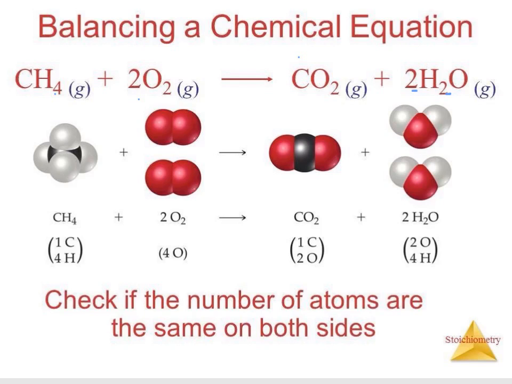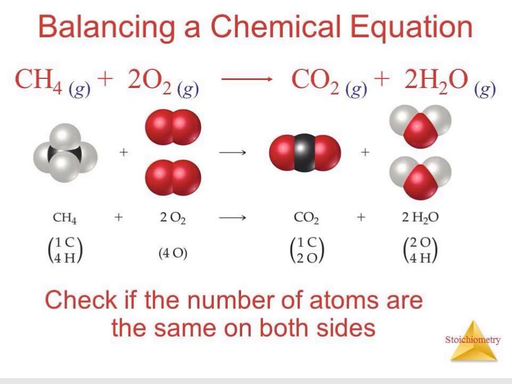On the product side, we have oxygen here, which is 2, and we also have oxygen on this side, also 2. So 2 plus 2 gives you 4, and by adding coefficients earlier, we come up with a balanced chemical equation satisfying the law of conservation of mass in chemical reactions.